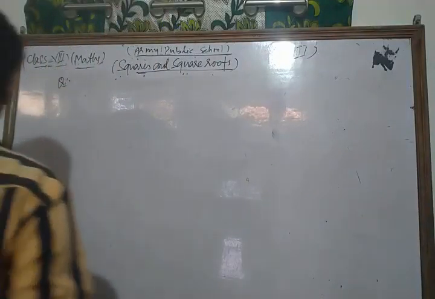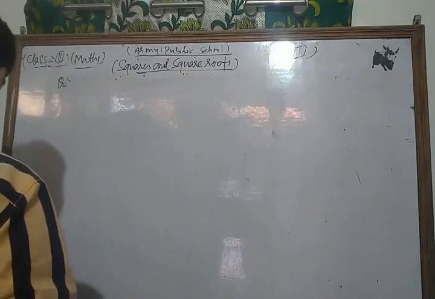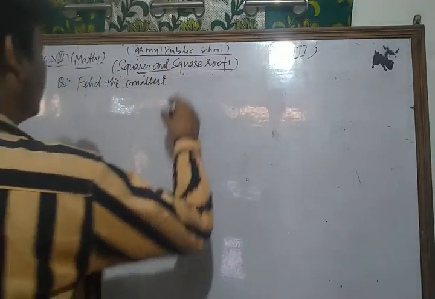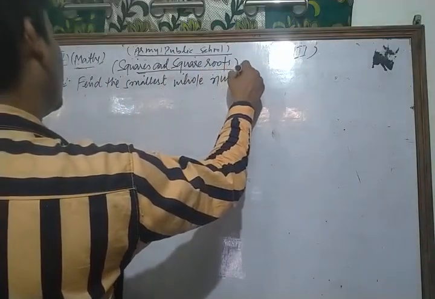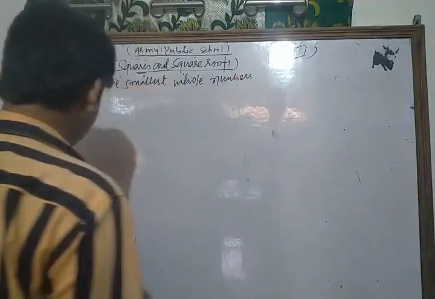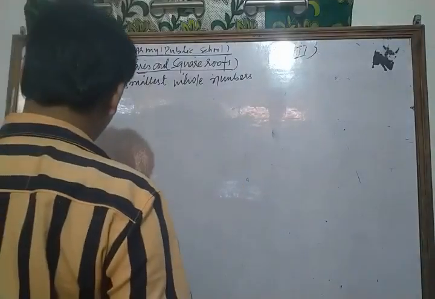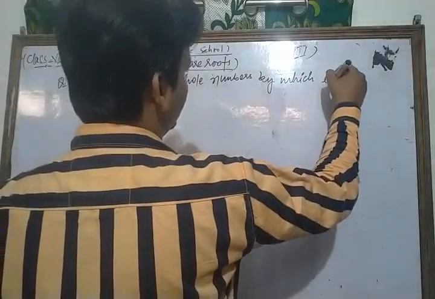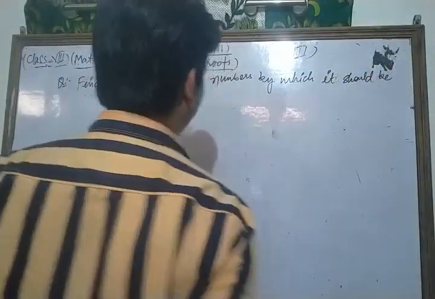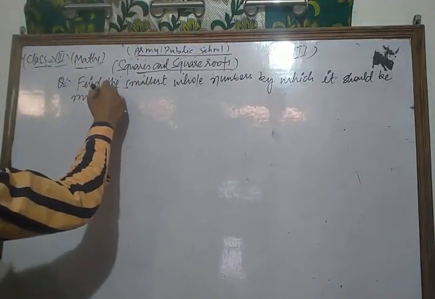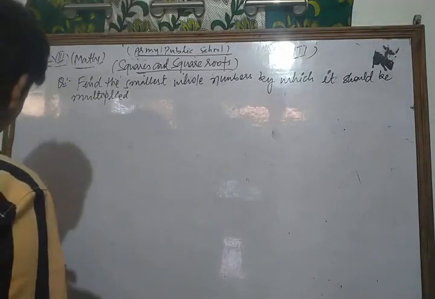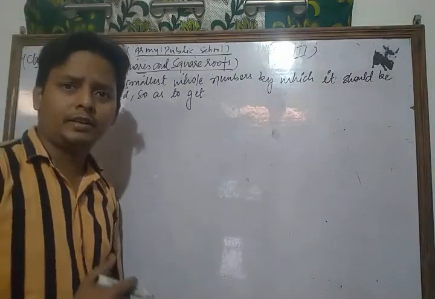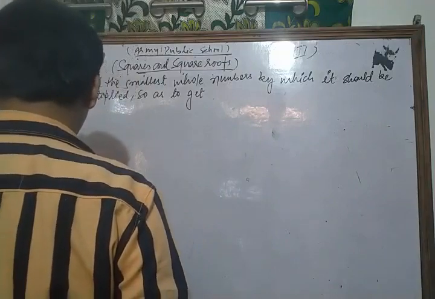Your question is: find the smallest whole number by which it should be multiplied so as to get a perfect square number.